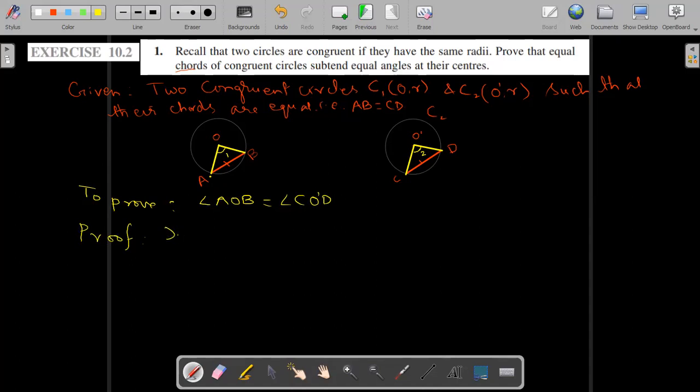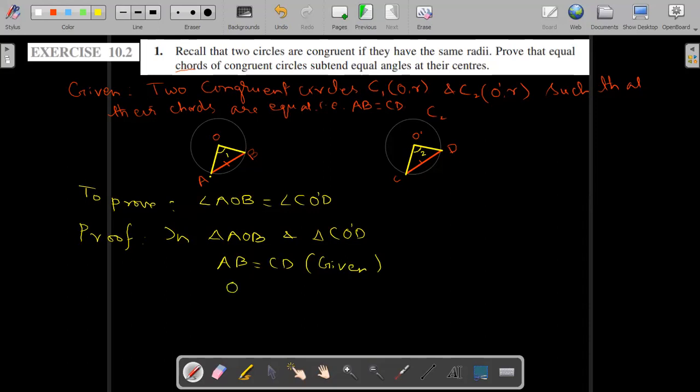In triangle AOB and triangle CO dash D, AB is equal to CD. Why? Because it is given in the question that they are equal.